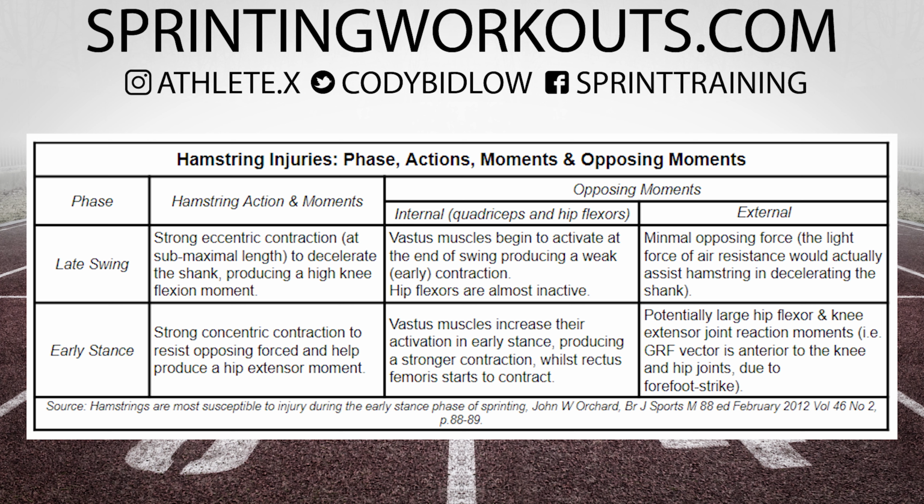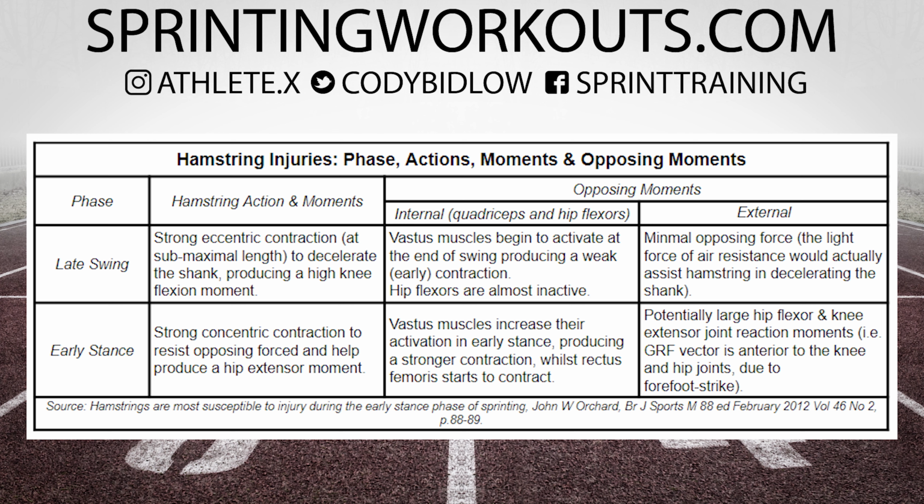If we think about the opposing movements that are happening at this same point in time regarding the late swing phase, the vastus muscles, so the quads, they begin to activate at the end of the swing, and they produce a weak contraction.